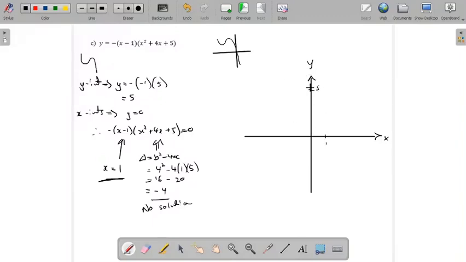So that means it's coming down here like that, which means that it's going to be curved something like that. Okay, and that's all that's necessary for this particular graph.